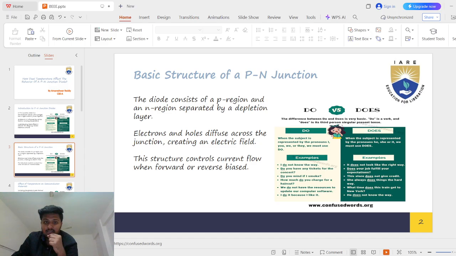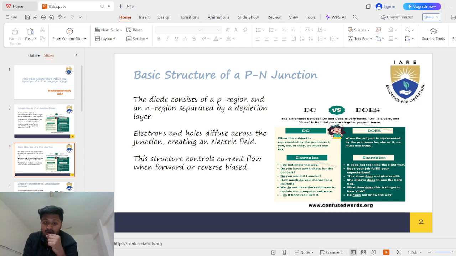Next, the basic structure of a PN junction diode. A diode is made up of two parts, a P region which has more positive charge carriers called holes and an N region which has more negative charge carriers called electrons.